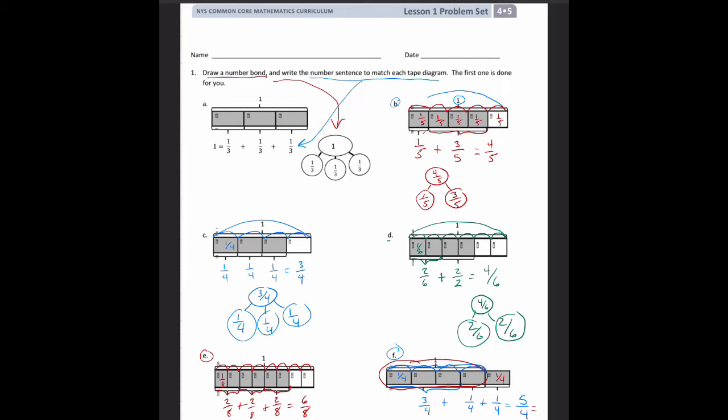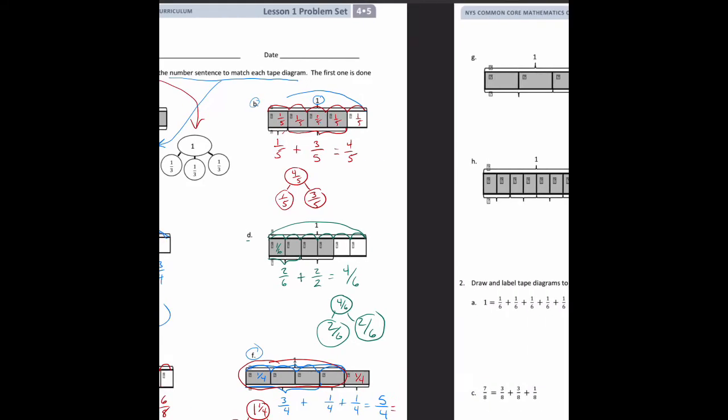Okay, and then my number bond, I'm going to call it by the mixed number. 1 and 1/4 is 3/4 and 1/4 and 1/4. Okay, there is your first page. Let's go on to the next page.